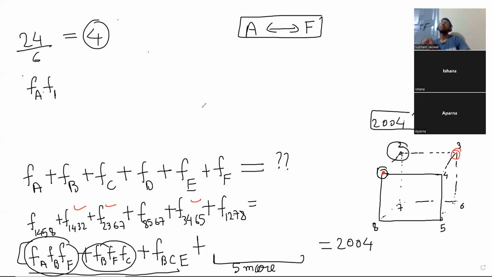Imagine that if suppose every face was 10, then what will the sum be? It will become 1000 into 8.